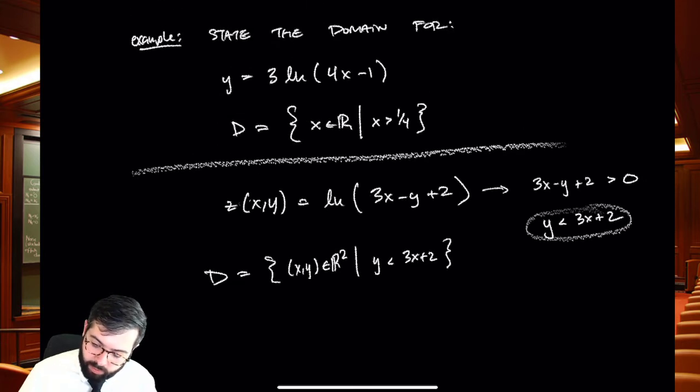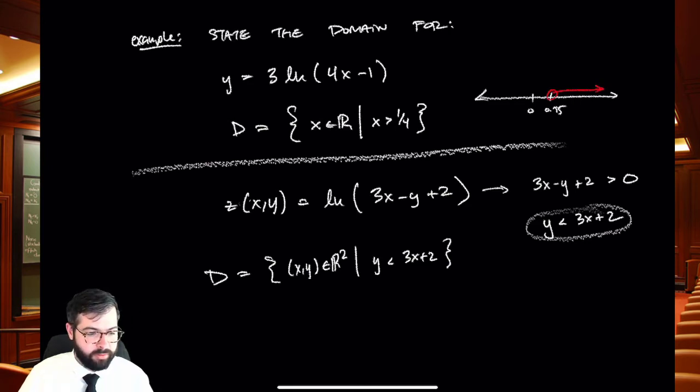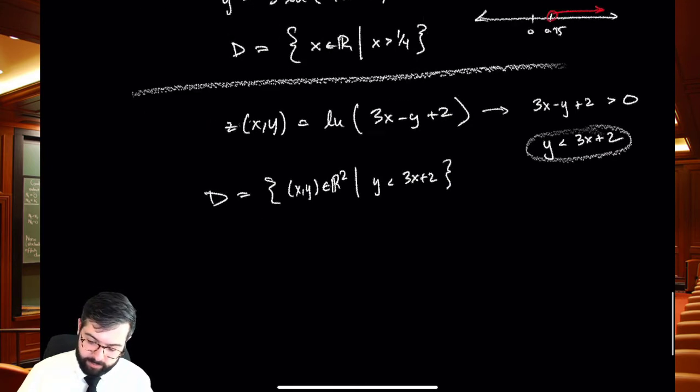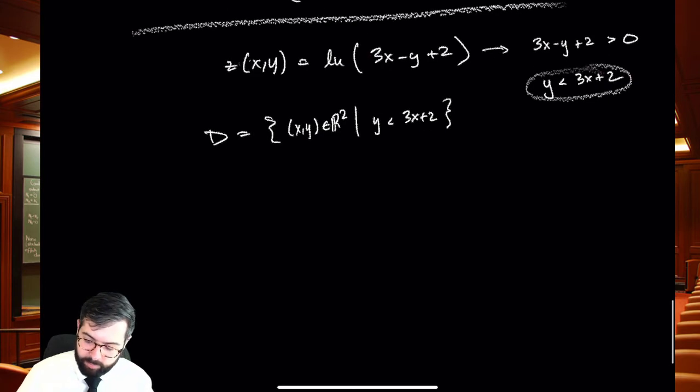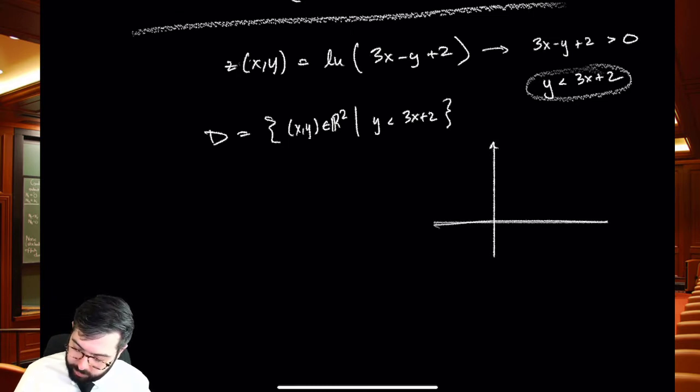And so before, right, we might visualize the domain as an interval. Here's 0, here's 0.25, and we're looking at all the values in this direction would work. But down here, it's a set of pairs, which is really a region in the xy plane, right? So how could we think of this?